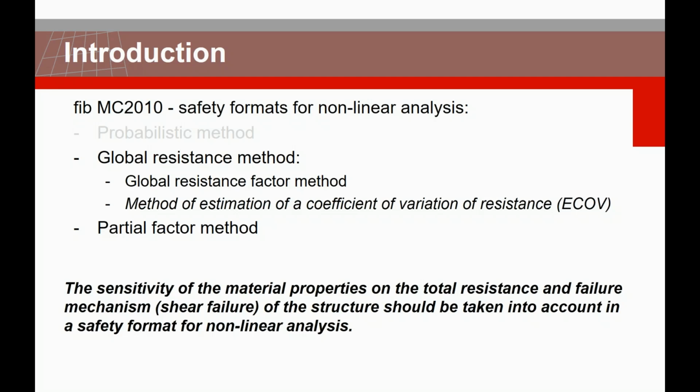So basically, you would like to do a nonlinear analysis using the mean values, but still you would like to know whether it is very sensitive to a change of failure mechanism, for example, or whether it's sensitive to the tensile strength. Those things are not very nicely incorporated in these methods which are here now, with the exception of the probabilistic method.